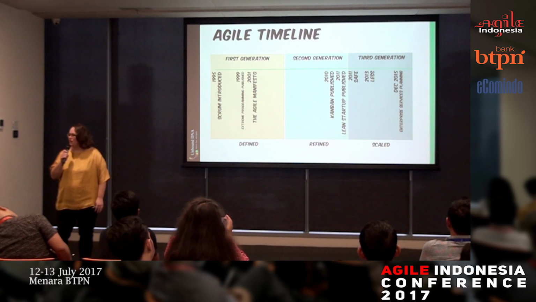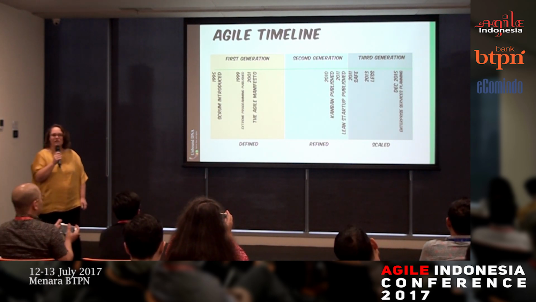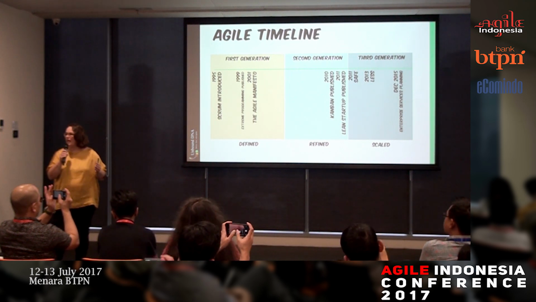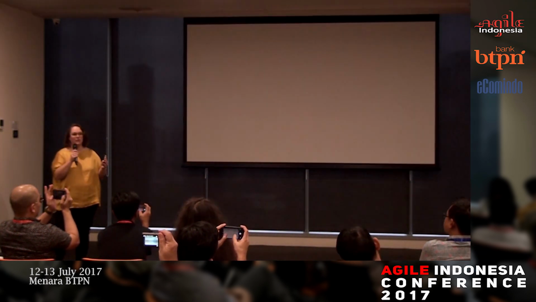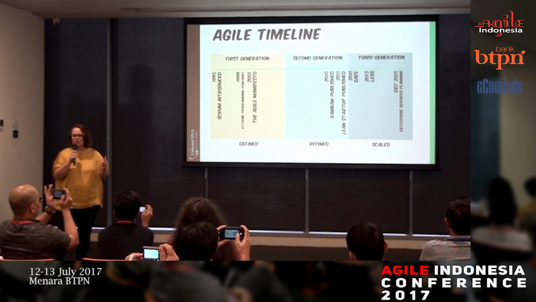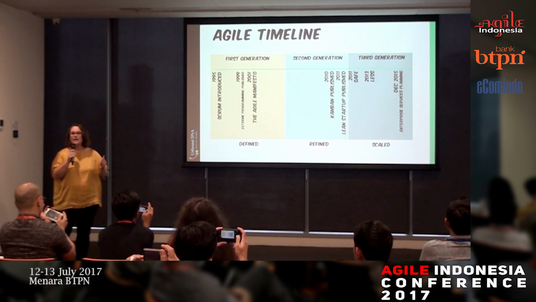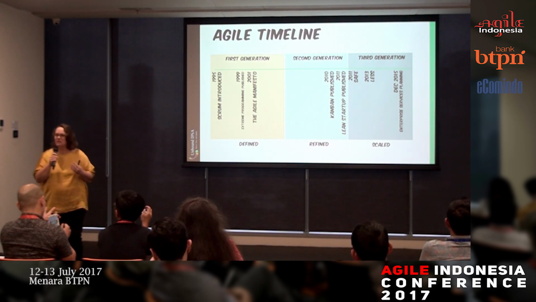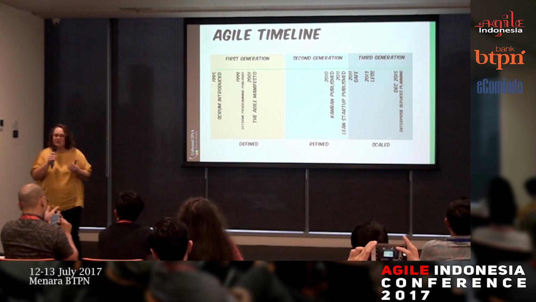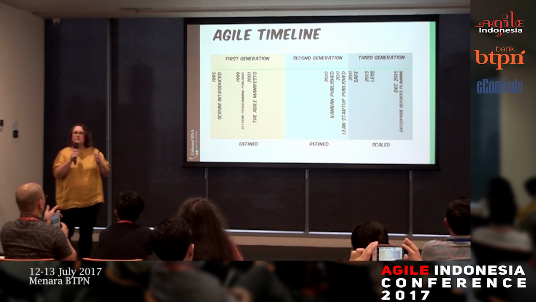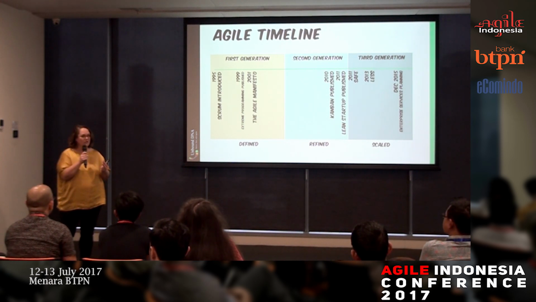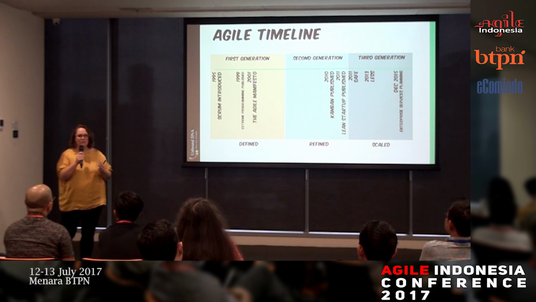And then we got third generation of Agile. In first and second generation, we were predominantly looking at how we could do Agile in a team. Third generation of Agile was focused around how we could do Agile across many teams. So when you hear the term scaled Agile, it now means I'm doing Agile, but there's multiple teams that are contributing to the same product, that are contributing to the same outcome.